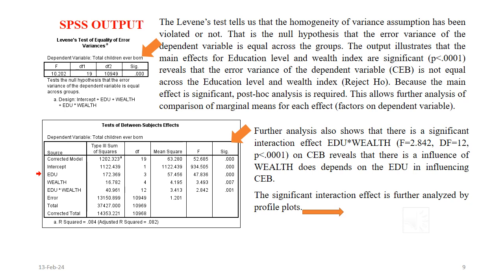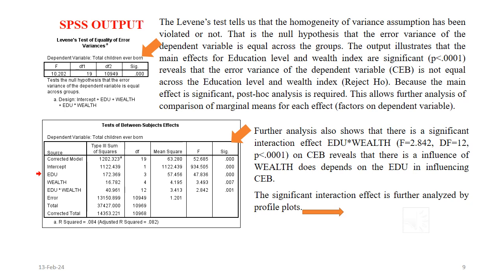Because the main effect is significant in the Levene's test, the post hoc analysis can be carried out. Otherwise, further analysis of variance cannot be carried out, and we have to examine the variables and the data set once again to adjust this. This allows further analysis and comparison of the marginal means for the effect of the factors on the dependent variable.